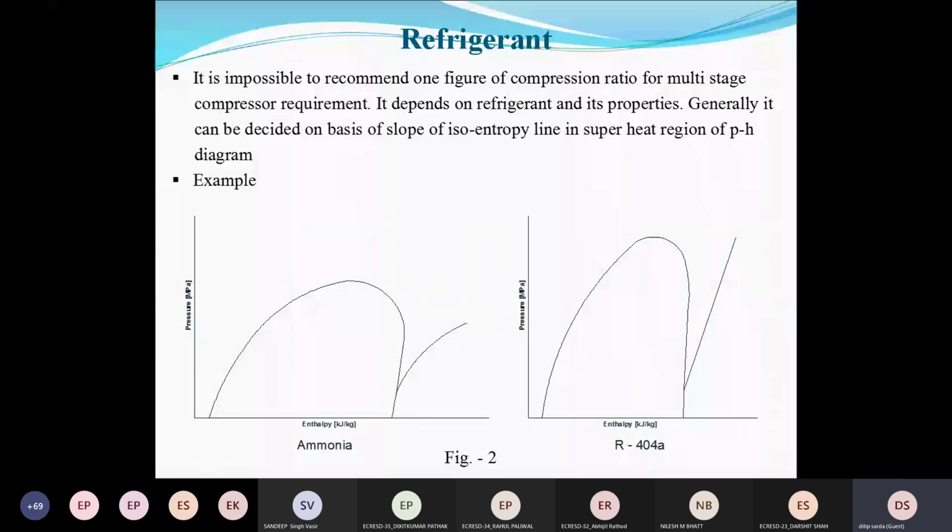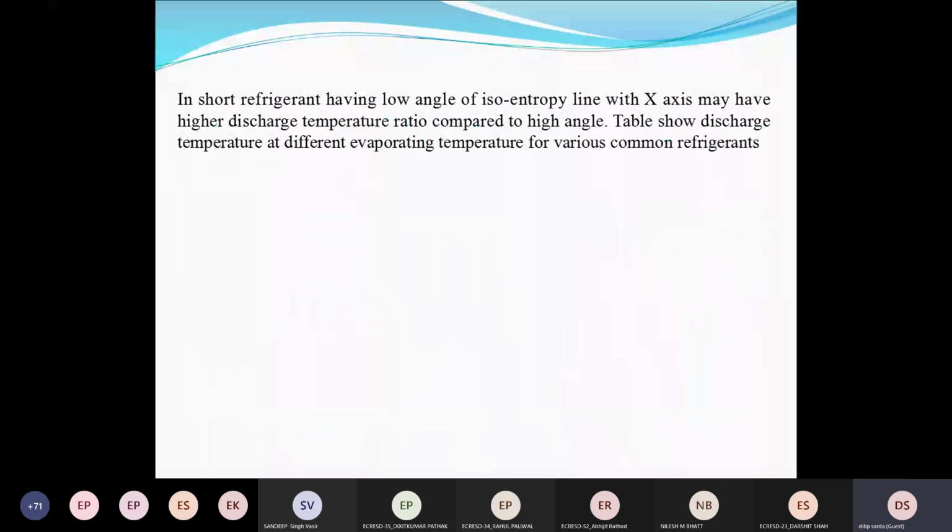So this slope of the isentropic line can decide how many stages of compressor we have to go for. In short, a refrigerant having a low angle of isentropic line with the x-axis may have higher discharge temperature and temperature ratio compared to a high angle. The table shows discharge temperature at different evaporating temperatures of each refrigerant.